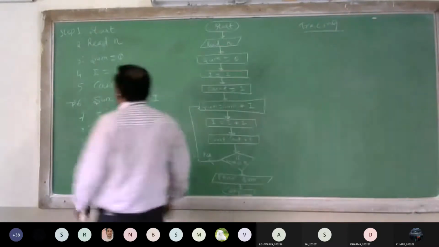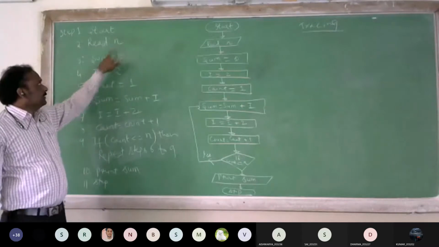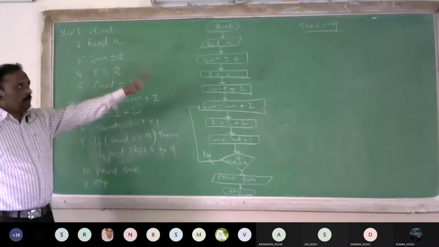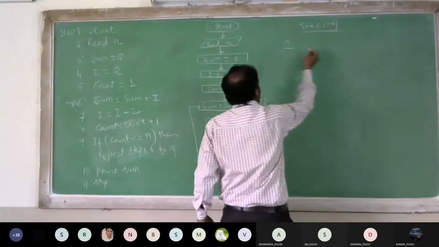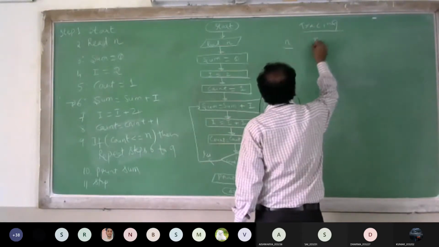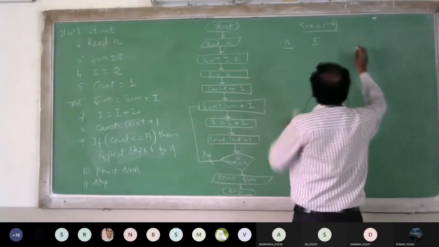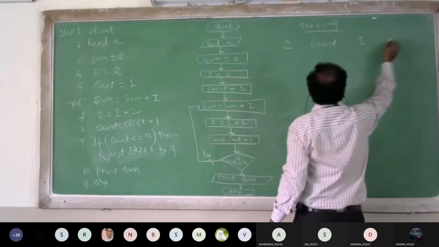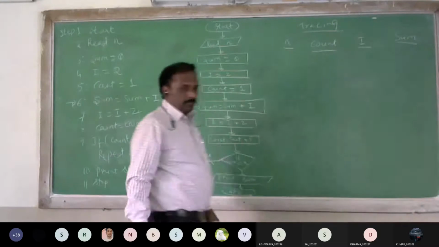So first while tracing, you need to see what are the names we have used. We have used n, sum, I, and count. You write all the names. n, count, I, sum.